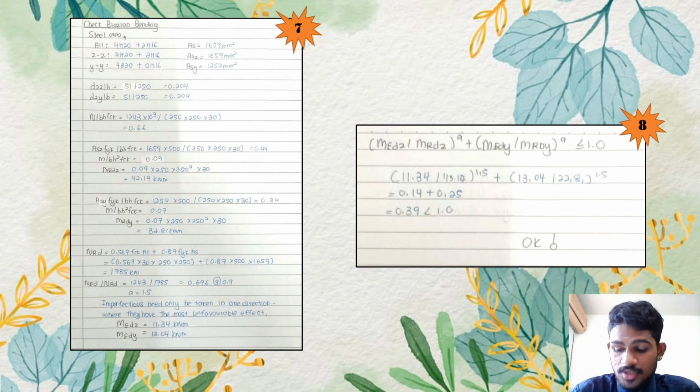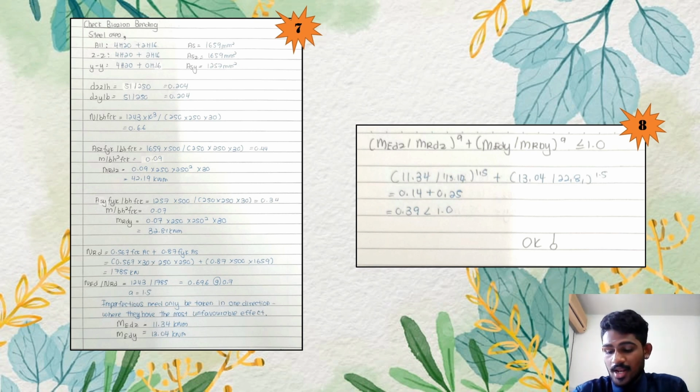And moreover, the MRDZ, the value that you will get is 42.19 kilonewton meter. And for the ASYFYK and BHFCK, you will get a value of 0.34, and for the M per BH2 FCK, you will get 0.07, and for the MRDY, you will get a value of 32.81 kilonewton meter.